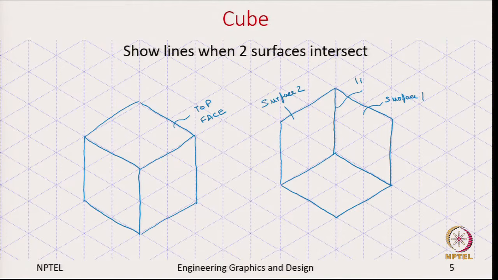So, this is a line joining 2 different surfaces. This is a principle which we will be following all throughout, not just in this sketching, but also in formal engineering drawings. So, now let us move to slightly more complex solids.